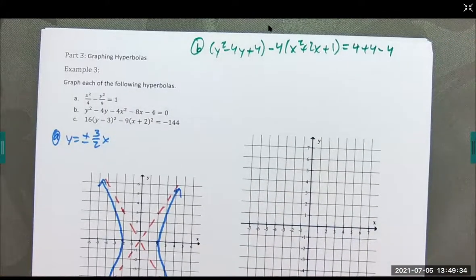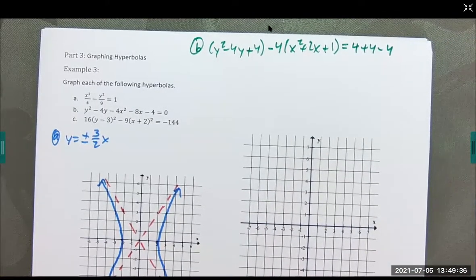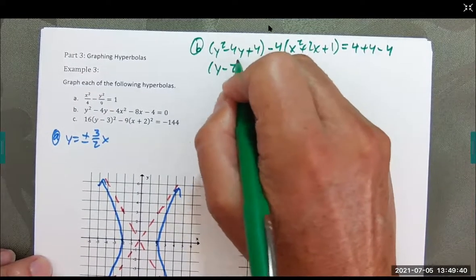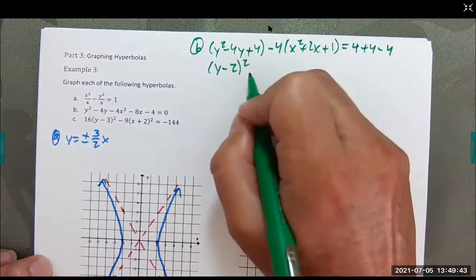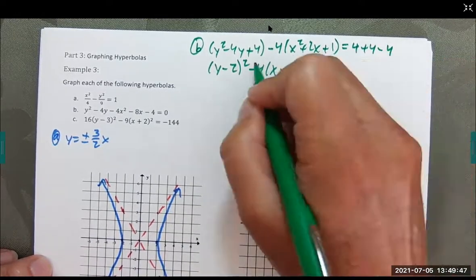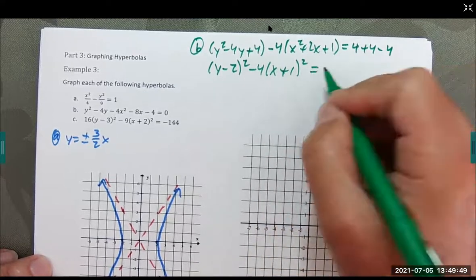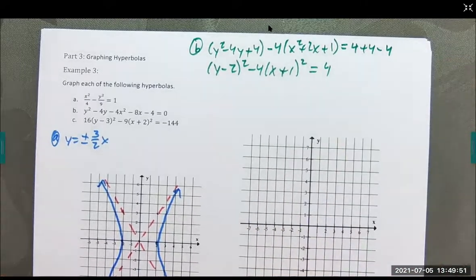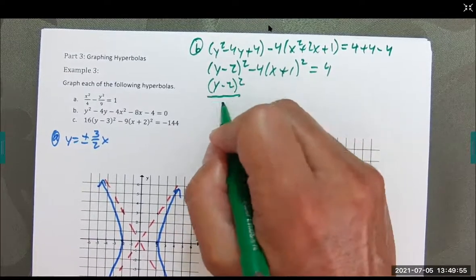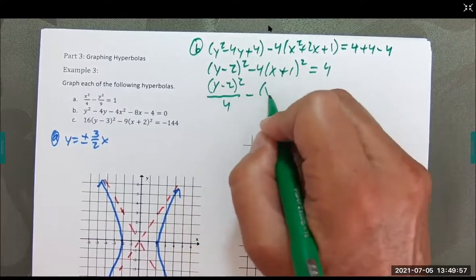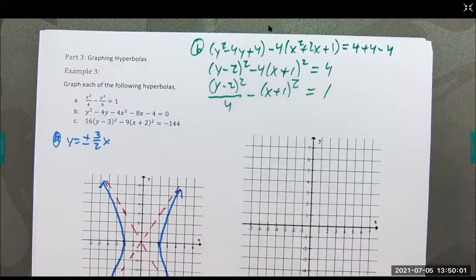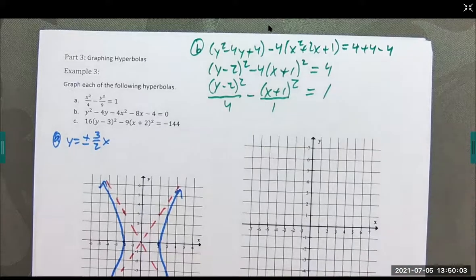So we end up with here, squared equals 4. And when I divide through by 4, I get y minus 2 squared over 4 minus x plus 1 squared. And we could leave it like that, but just to emphasize, I'm going to slap a 1 underneath that.